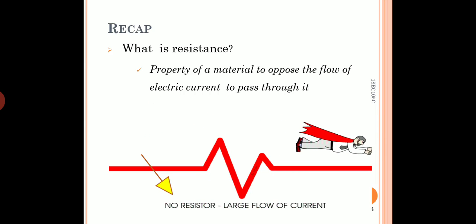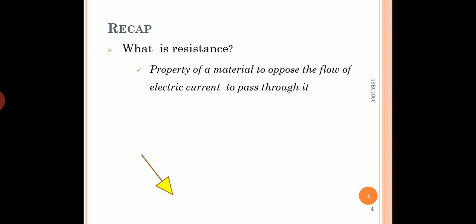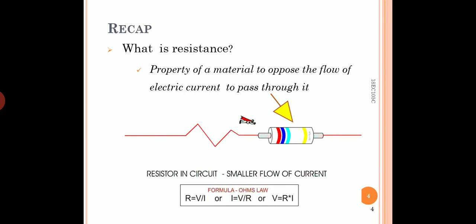Now let us see what happens if there is a resistor. Here in the same line you have connected one resistor, which is being pointed out by the arrow. So what happened? The amount of current has absolutely come down. When there is a resistor, only a small flow of current takes place.